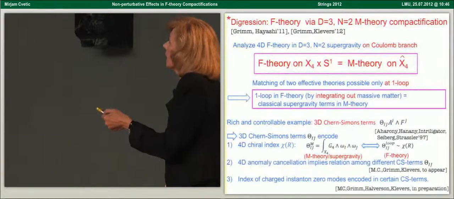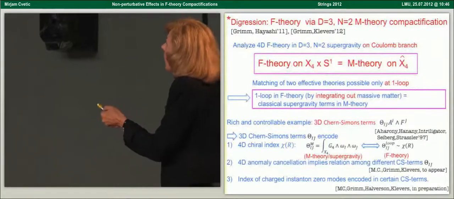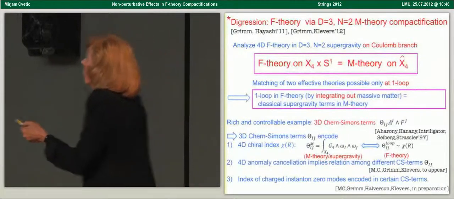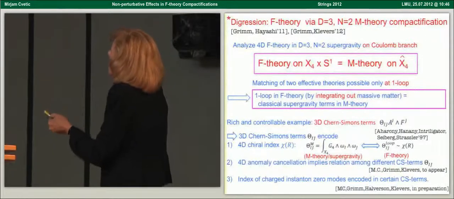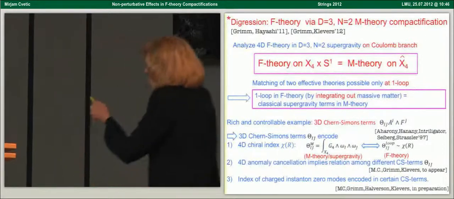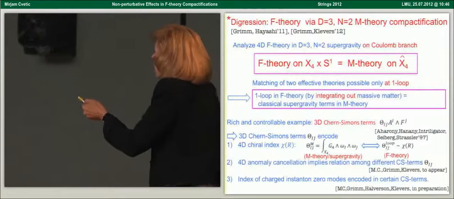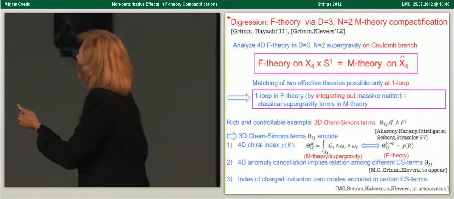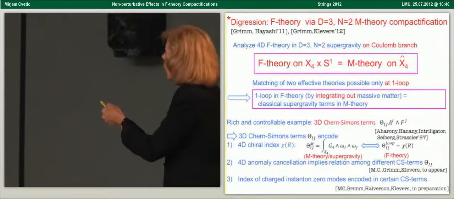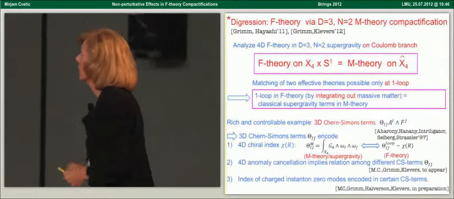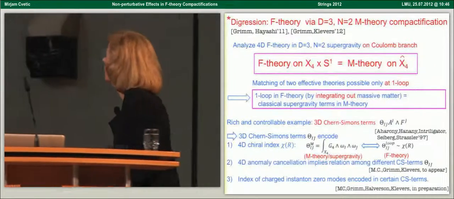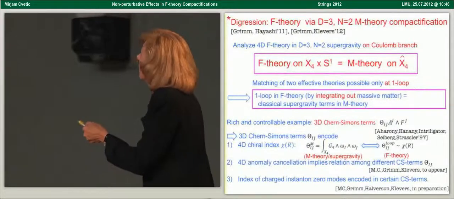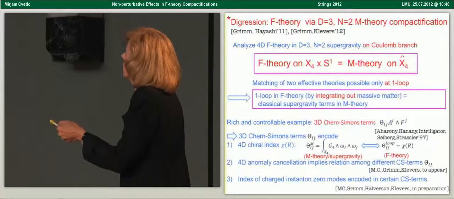In particular, the chiral index is specified by these 3D supergravity Chern-Simons terms, which can be calculated via G4 flux calculation, but they are related directly through one-loop coefficients of F-theory Chern-Simons terms when we integrate out massive modes in the Coulomb phase. And it's this index that specifies the chirality of the four-dimensional theory. Also, the issues of anomaly cancellation are deeply related to the structure of such Chern-Simons terms.